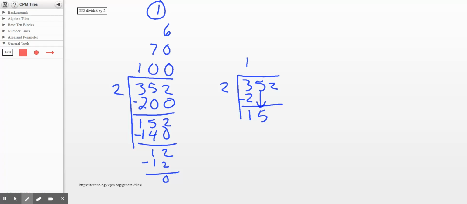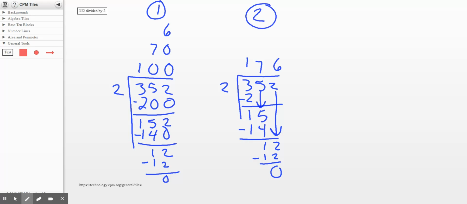It goes into 15 7 times. 2 multiplied by 7 is 14. 15 minus 14 is 1. And we'll bring down that 2. How many times does 2 go into 12? 6 times. 2 multiplied by 6 is 12, and 12 minus 12 is 0. We'll call this method 2.